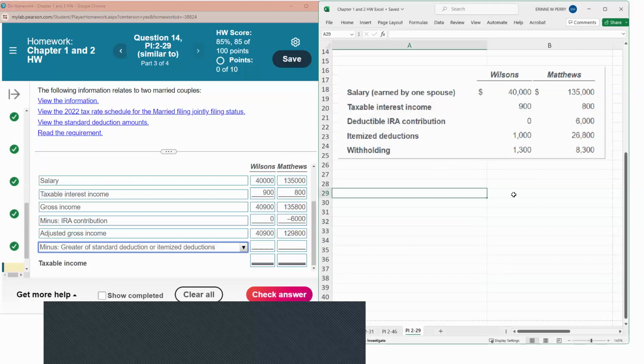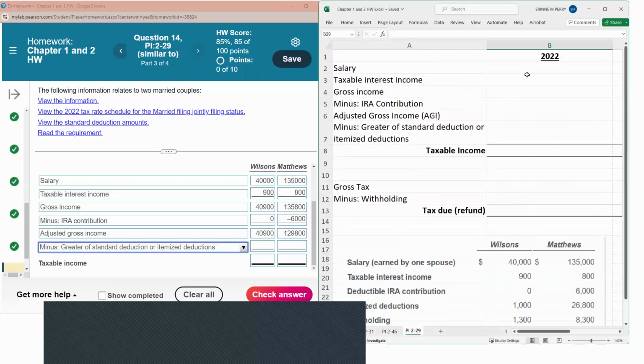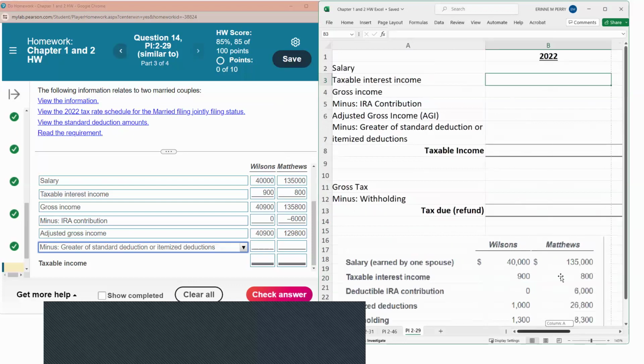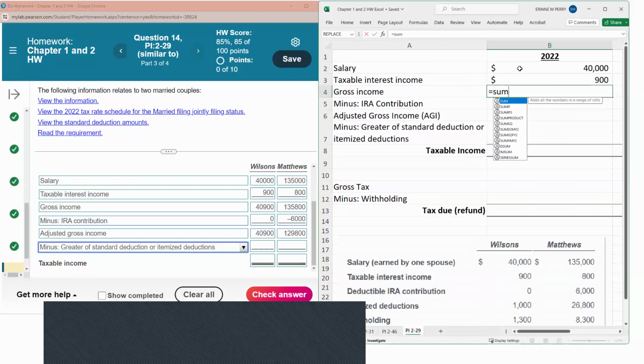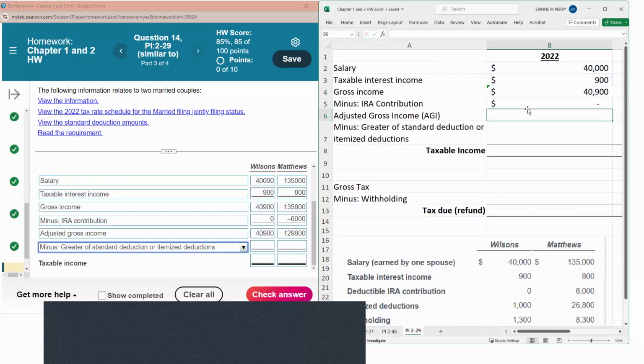So if we look at the 2022 information, we'll start off here. And we'll input the information for the Wilsons. And we'll compare it for both years. Their IRA contribution, they don't have any. And the greater of the standard deduction or itemized deductions.